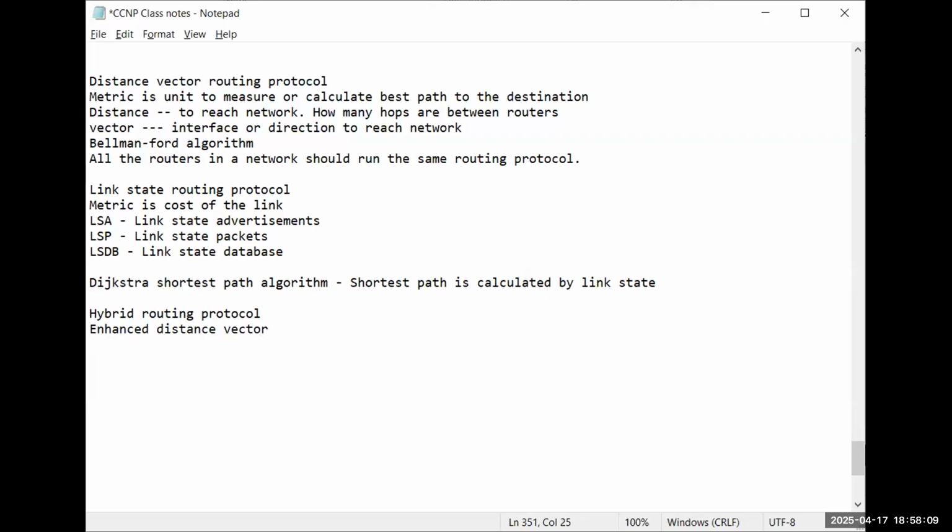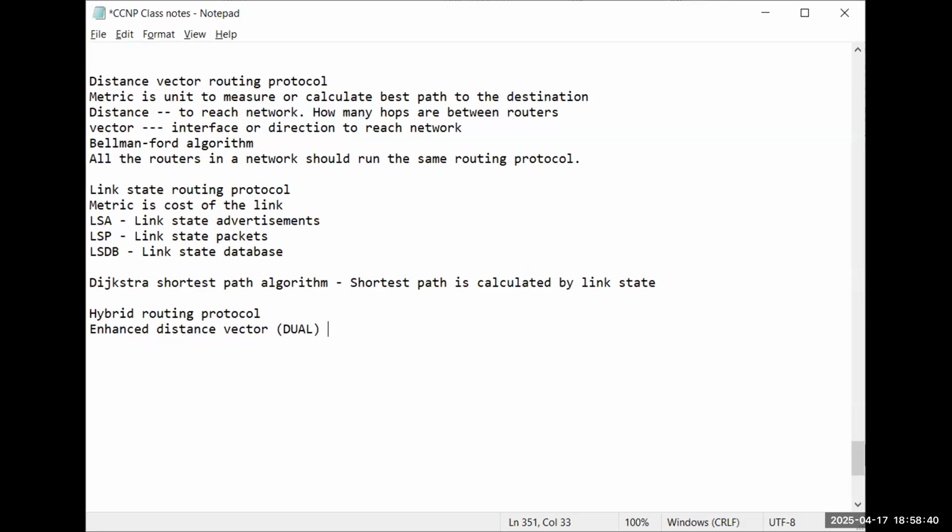Okay, so that is nothing but a fusion of both distance vector and link state. Together it is called enhanced distance vector, or we can also call it a dual diffusion algorithm, or dual routing protocol, since it's a combination of both.